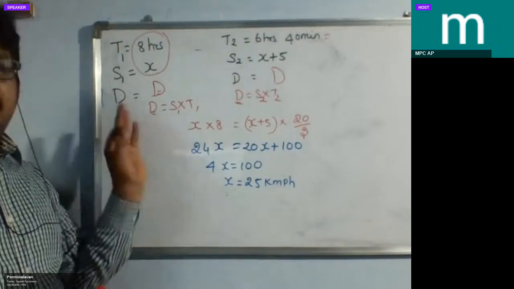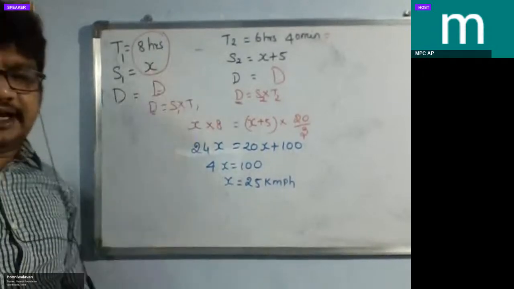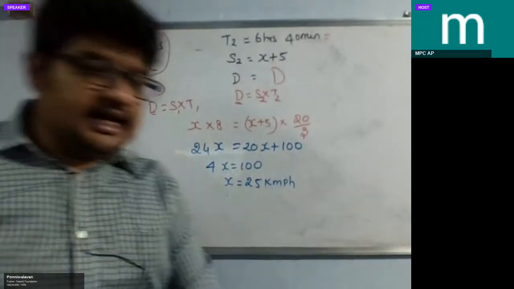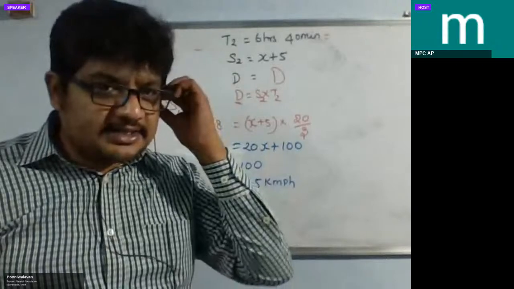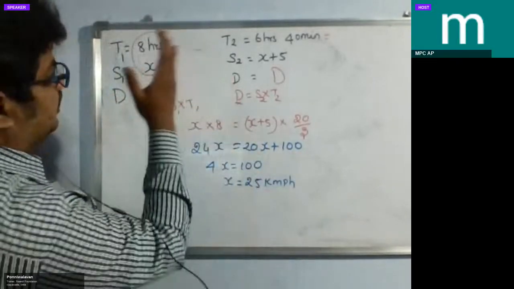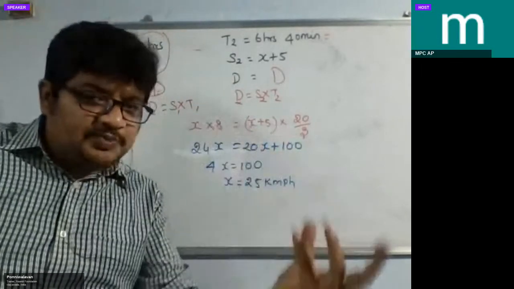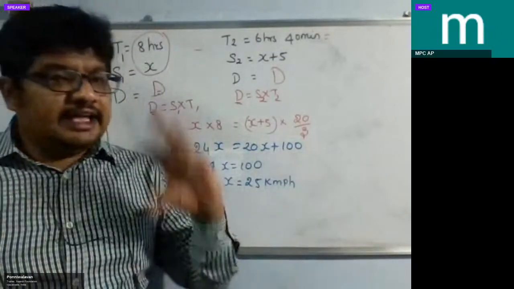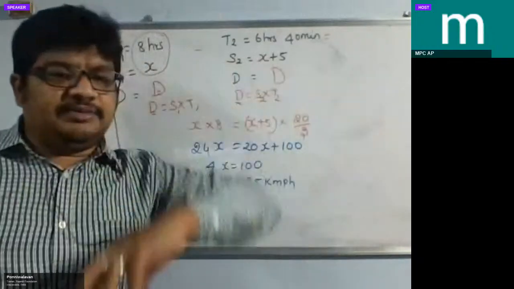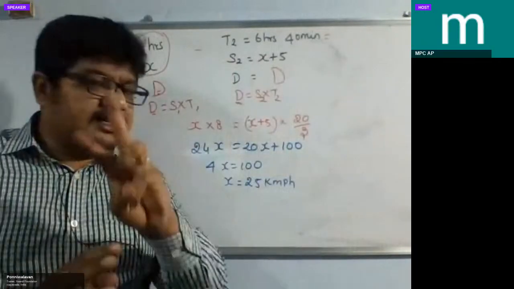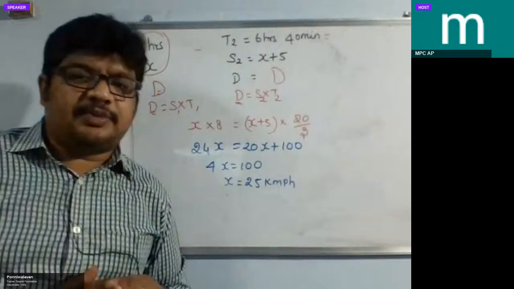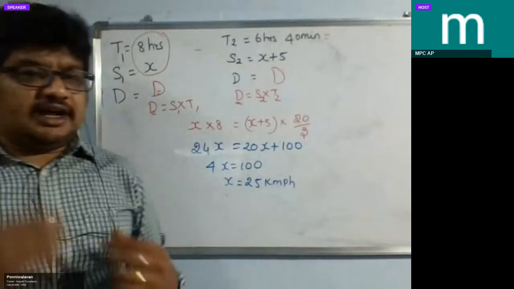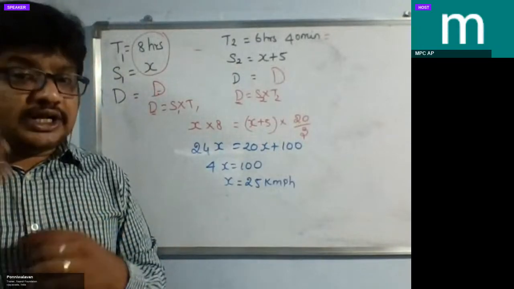Again and again we are doing the same thing, comparing two datas. If he traveled at this speed, what will happen? If he reduced his speed, what will happen? If you analyze the last three problems, I gave all the conditions.